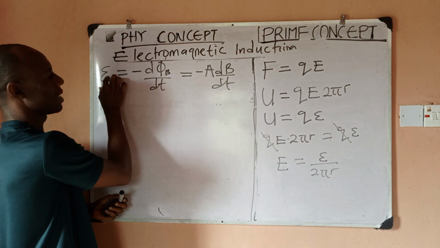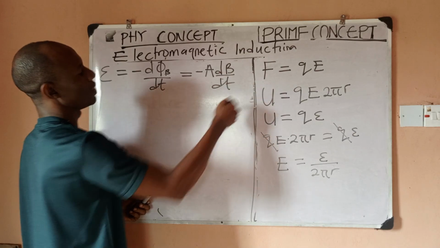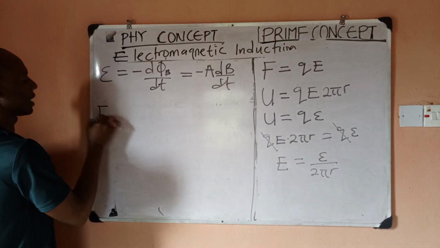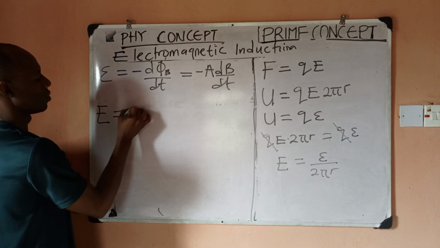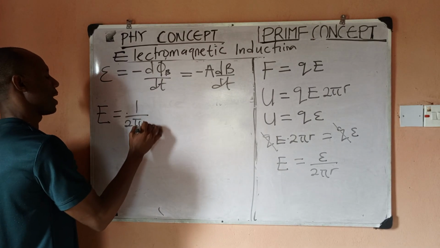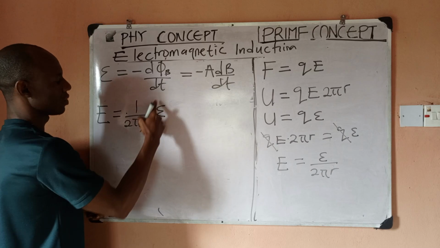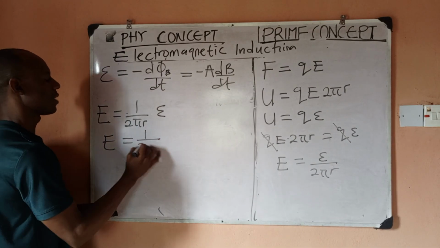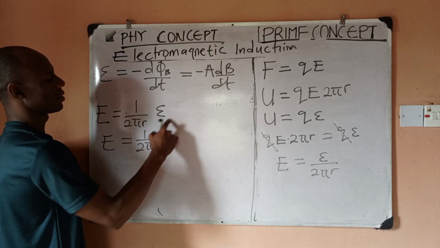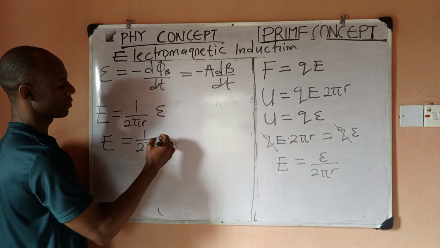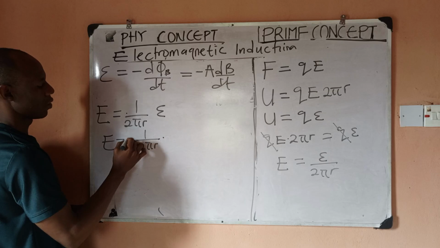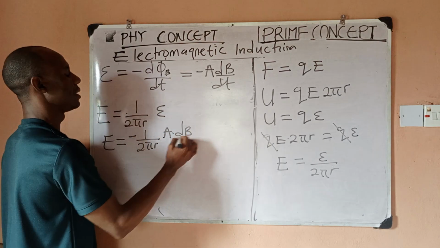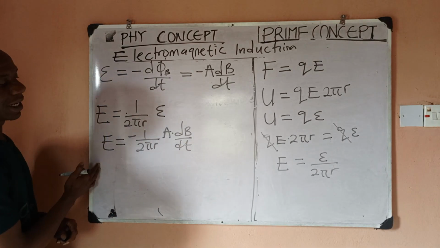So EMF is still minus A dB/dt. If I introduce this into the formula, the electric field is going to be 1 over 2 pi r times the EMF, with the negative, so I have area times dB/dt. This would be my electric field.